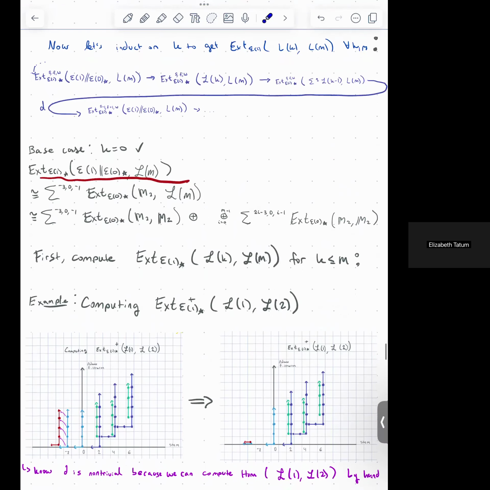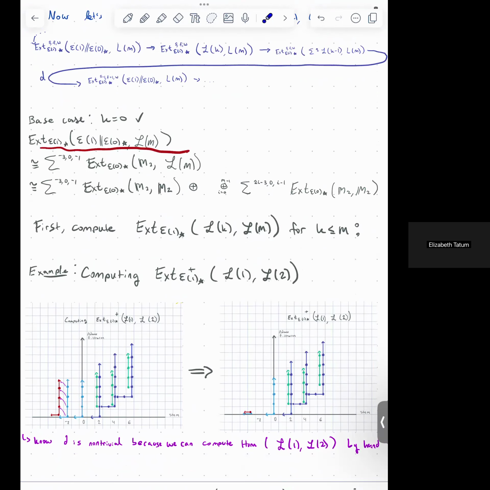And there are differentials that go from the x over e of 1 of L of 0, L of 2 over, or sorry, L of 1, L of 2 over. And we know that these differentials are non-trivial because we can compute Homs over L of 1, L of 2 by hand. So you know that this first differential off the 0 line has to be non-trivial. And then by V0 linearity, these will also all be non-trivial. So you can get x over L of 1, L of 2.